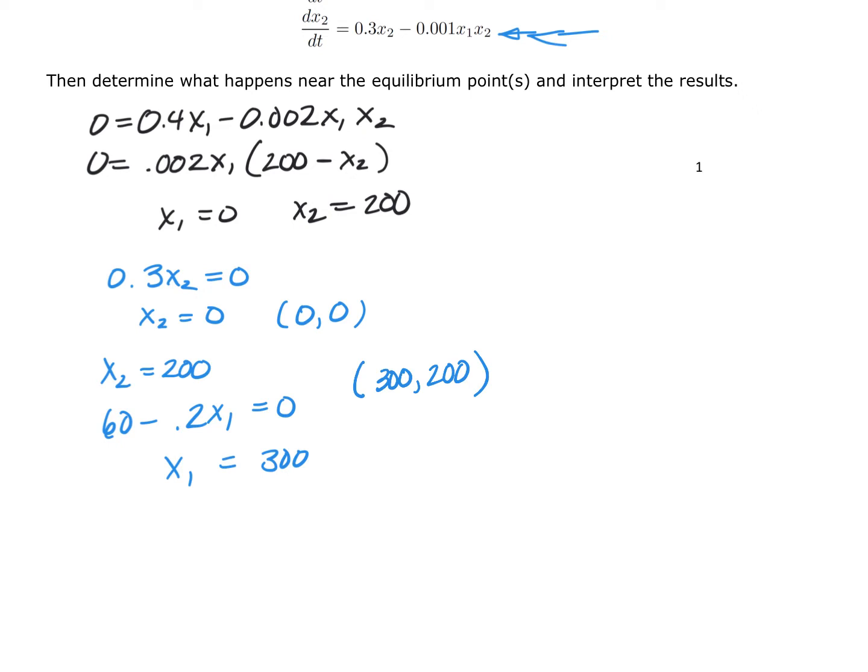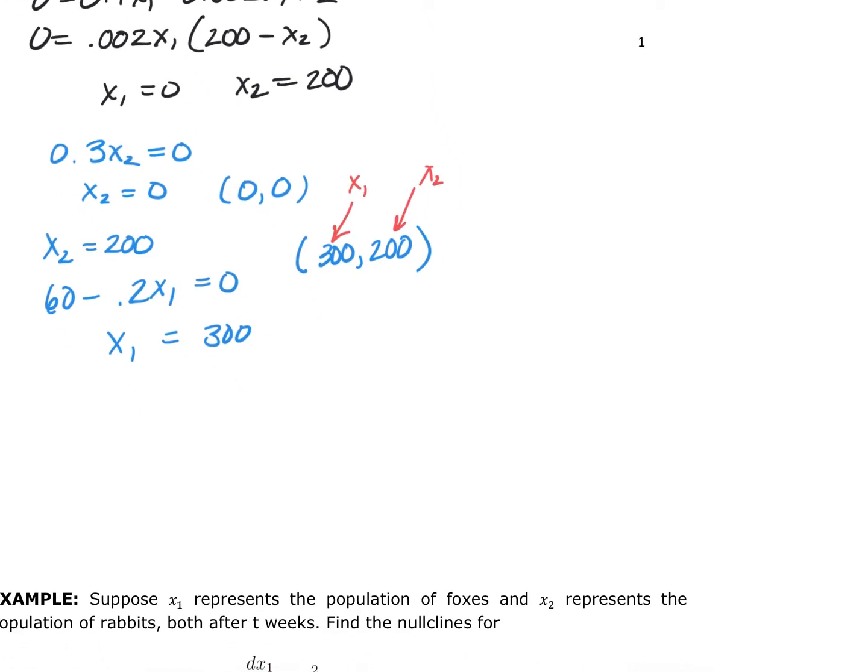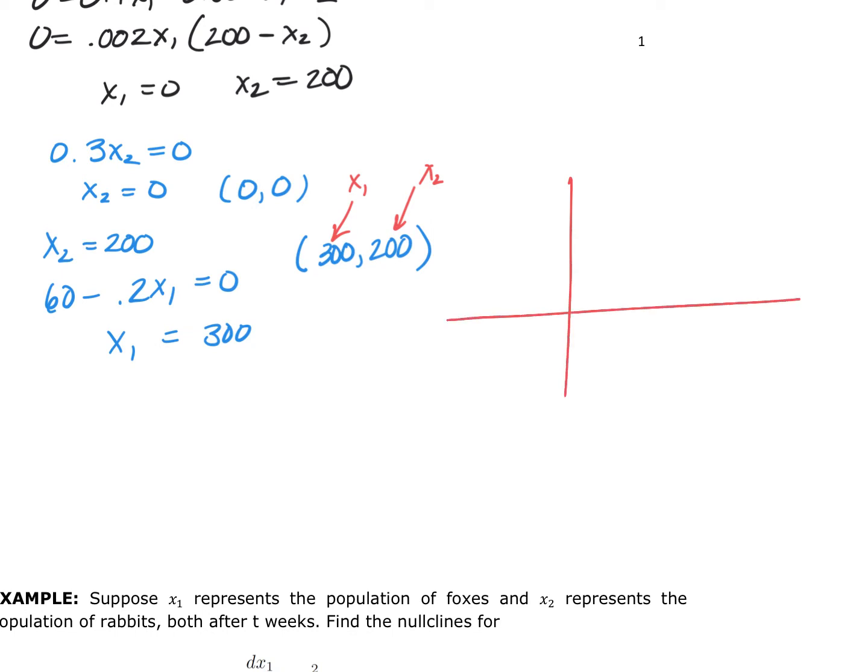So my null lines are these. This is x sub 1, and this is x sub 2. Now, if you remember, when we were graphing eigenvectors, we labeled this the x sub 2 axis. This is the x sub 1, x and y if you prefer.